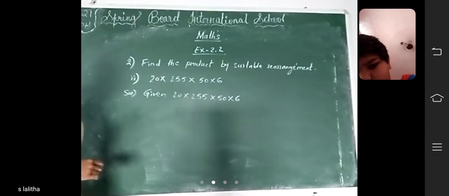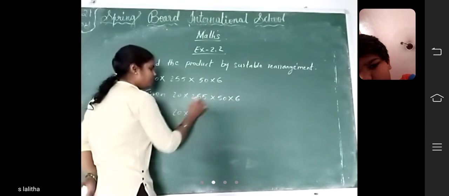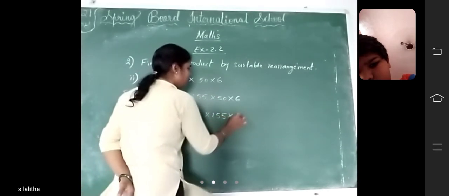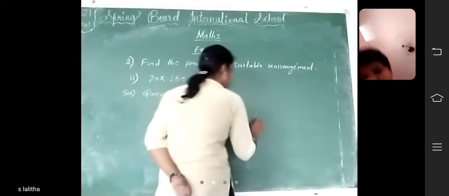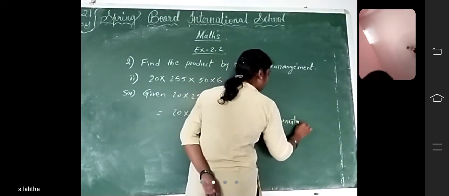How can you rearrange these numbers? I am writing like this: 20 into 50 into 255 into 6. By which property? By commutative.